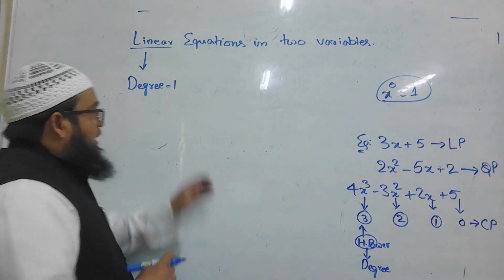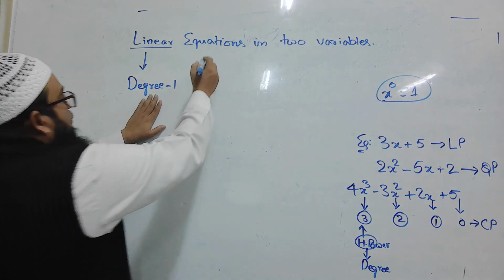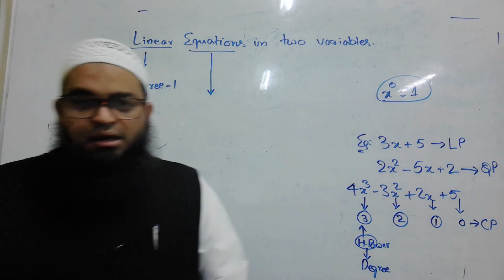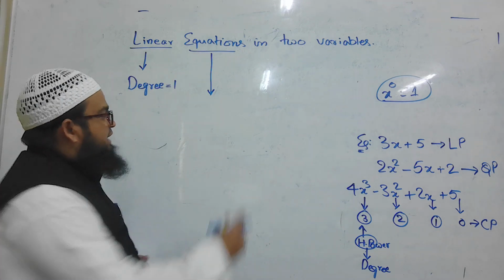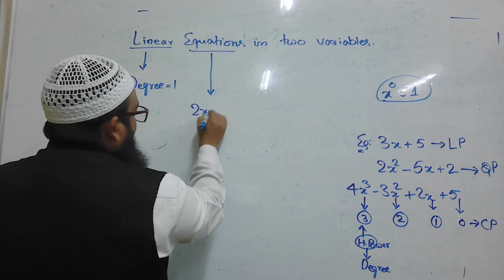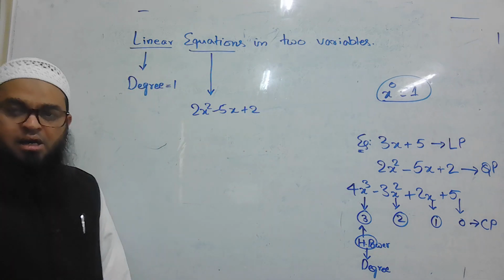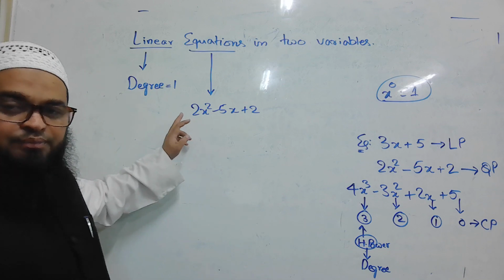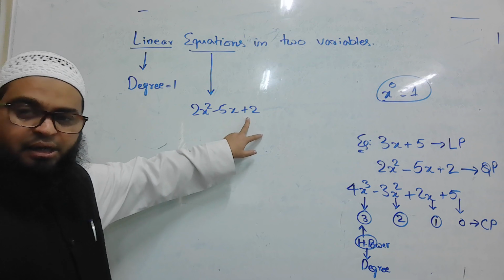So now it is understood what is linear. Yes, understood, sir. Now, what is an equation? We have studied about polynomials. For example, 2x square minus 5x plus 2. In this polynomial, what are the operations here? You have subtraction in between, you have addition, right?